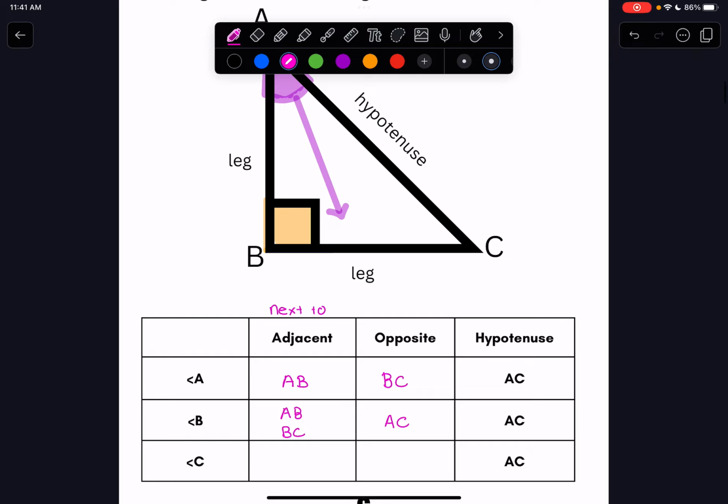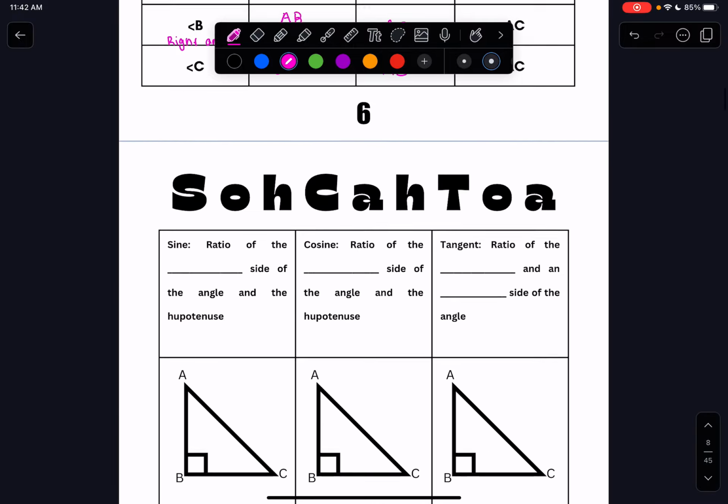This is unique because B is the right angle. And then finally we have angle C. Next to angle C is our hypotenuse and our other leg, which is BC, and across is AB. So it's important that we're able to recognize this because it will make our next part very simple.